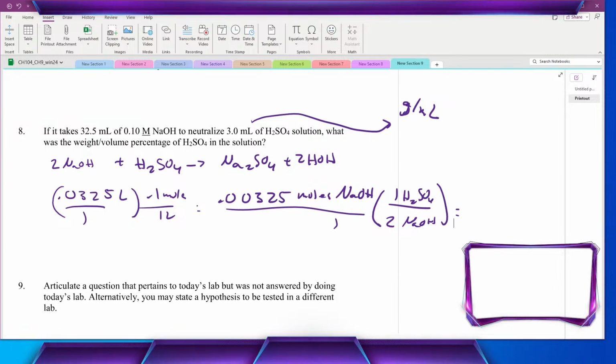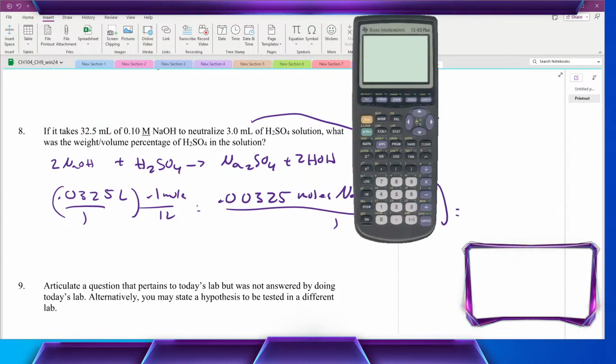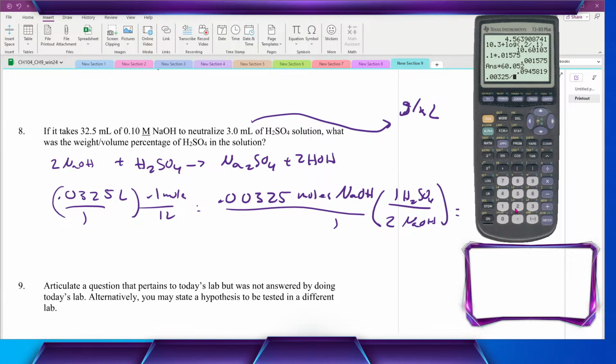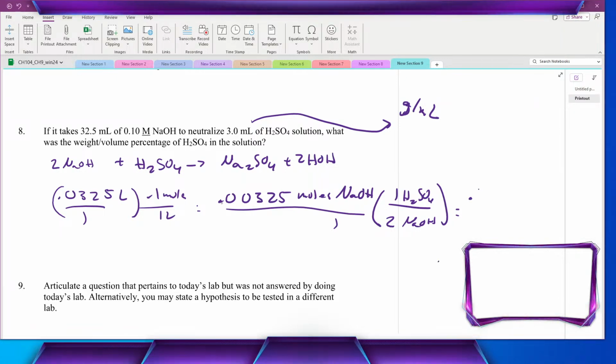Let me pull up my calculator. So 0.00325 divided by 2 now. That's moles of sulfuric. Did you get this at least?